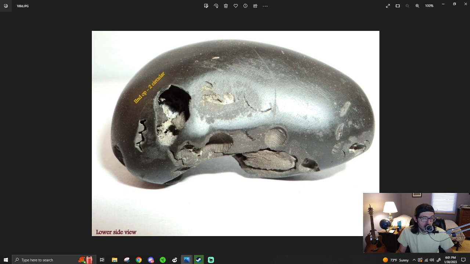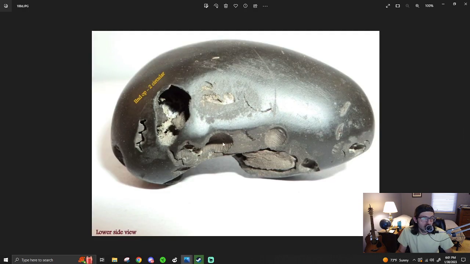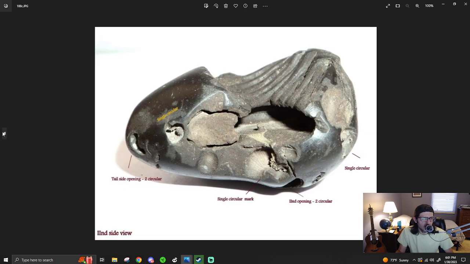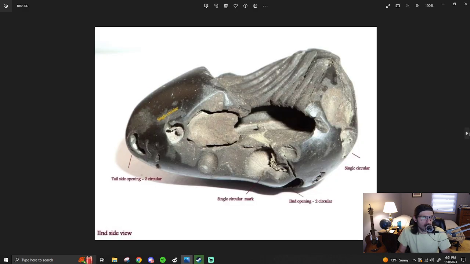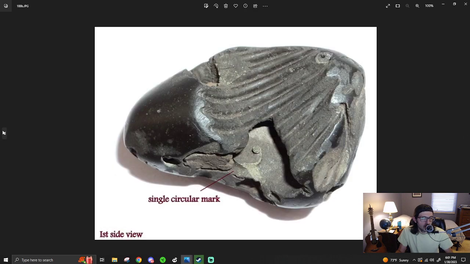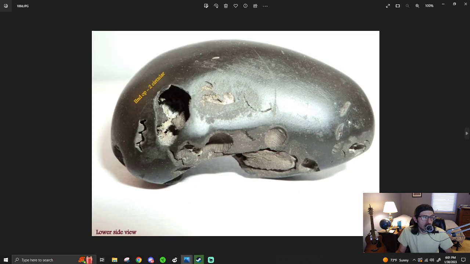Let's see, so there's the, is that this one? That can't be there. Where is that? Single circular mark. Single circular mark. Single circular over there. Tail side opening, 2 circular.